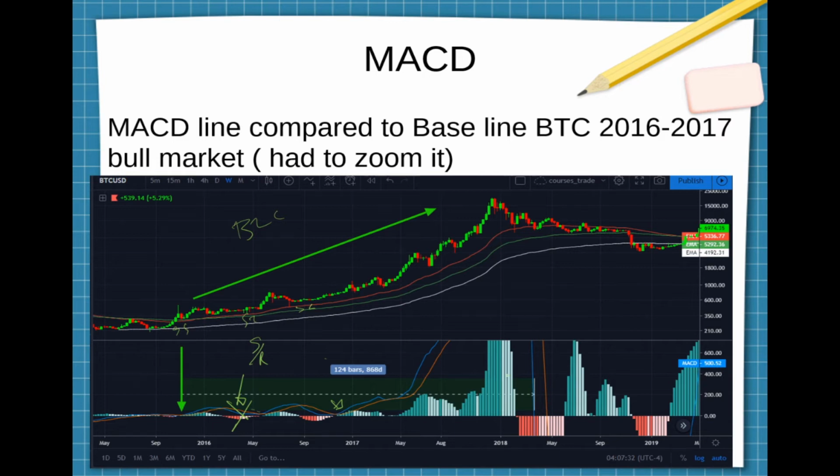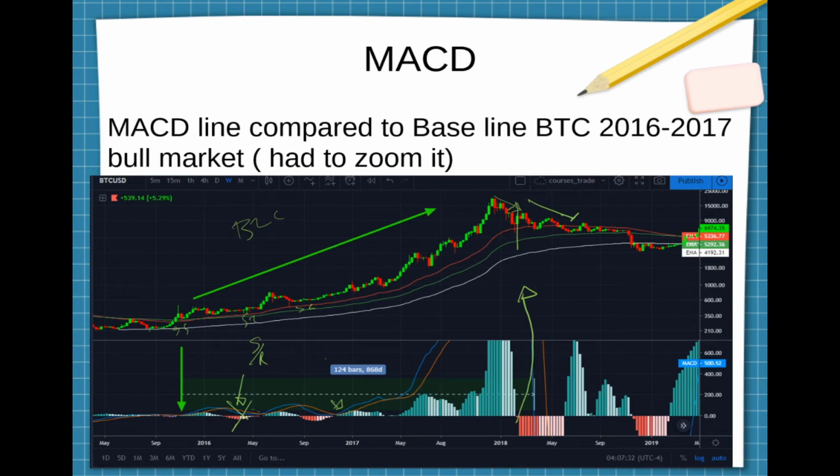Now, you have a cross here, and this cross is actually a real reversal, and as you can see, it's actually a late cross. Because the bear market always started here, and this is somewhere around a few months after the bear market started right there. This is what I mean by you will probably be late when it comes to using MACD signals.